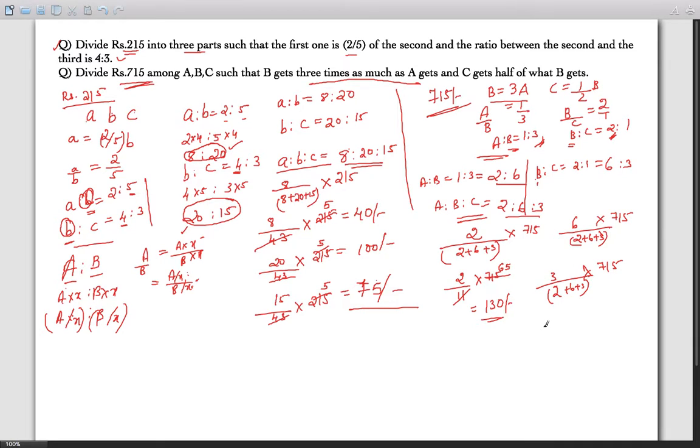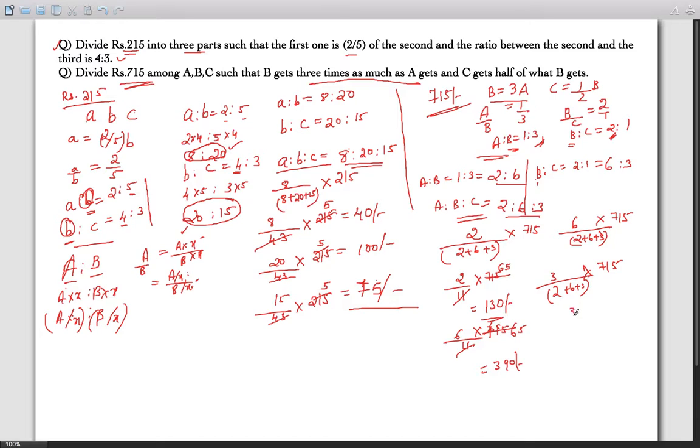Similarly, the second value will be 6 by 11 into 715. When 11 goes 65 times, this is 65 into 6 and its value is 390 rupees.